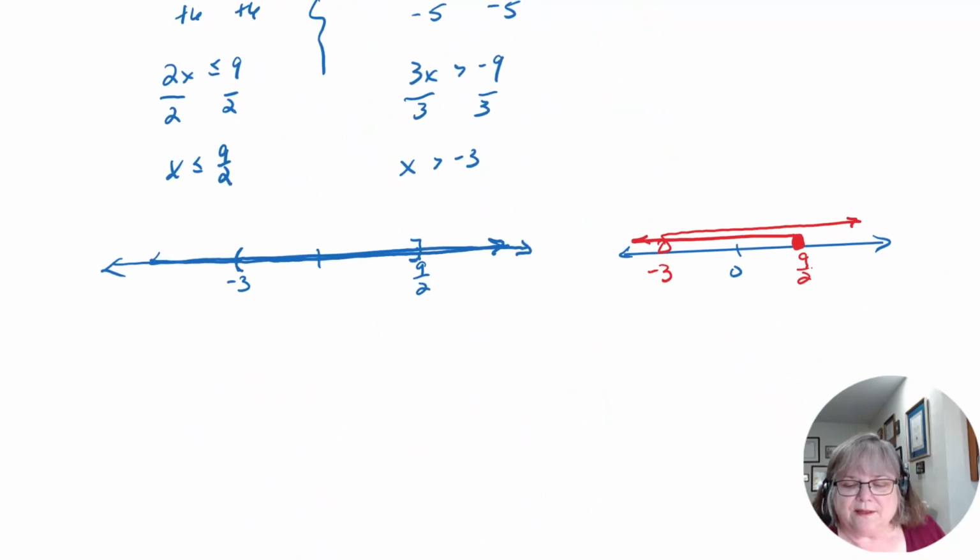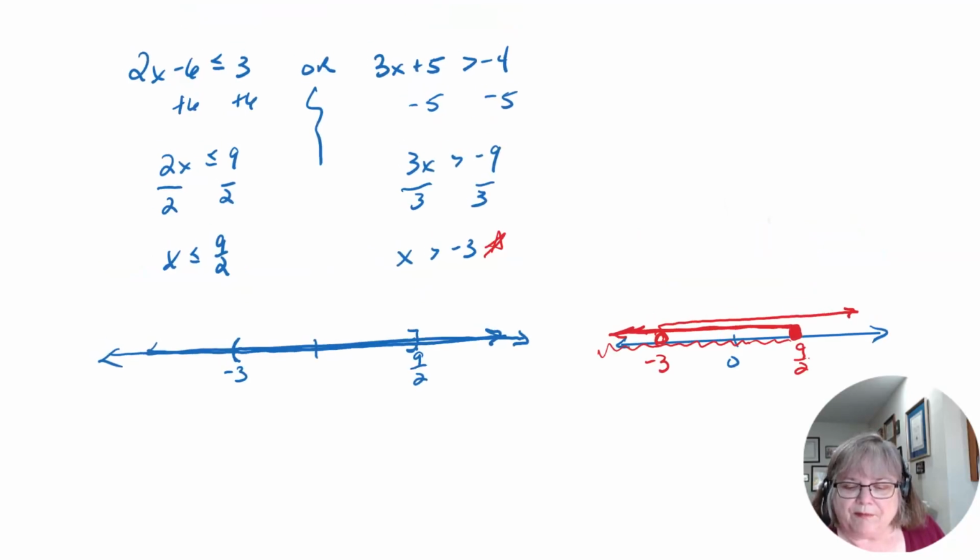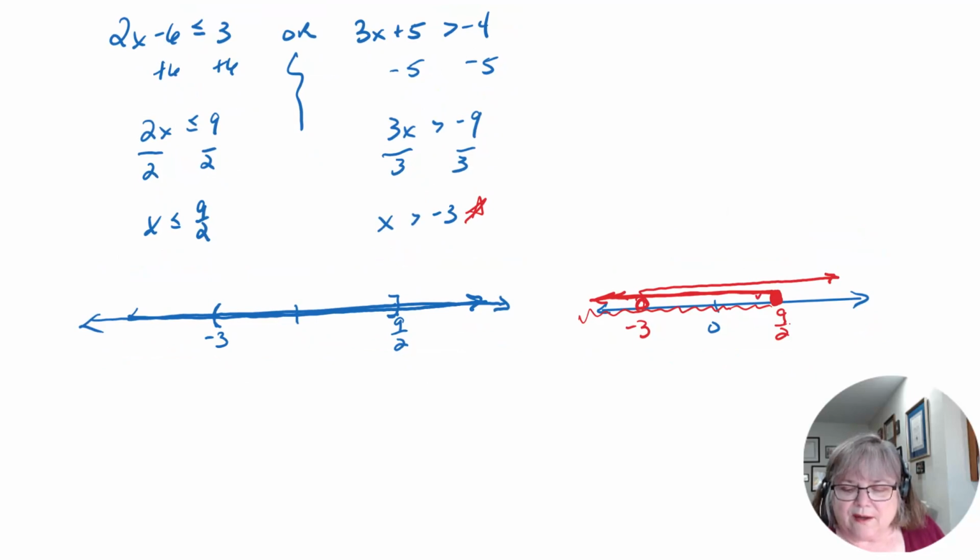Now, this case, do you see how every single number on the number line is accounted for? So from 9/2 down, all of these numbers from here to here are accounted for. Now, this negative 3 is left open for this one part, for this right equation right here. But this negative 3 is covered by this equation right here.